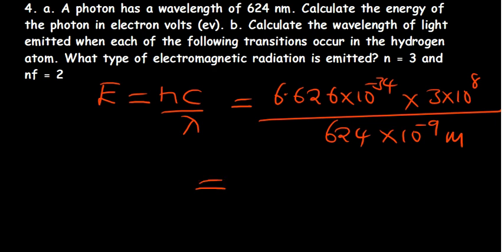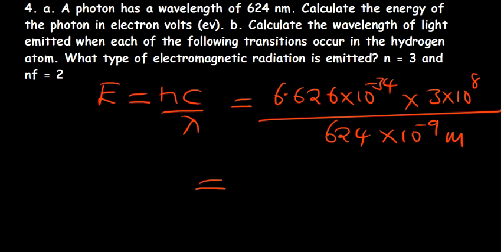I'll start with the top, 6.626 times 10 to the power negative 34, multiplied by 3 times 10 to the power 8, and then divided by 624 times 10 to the power negative 9.